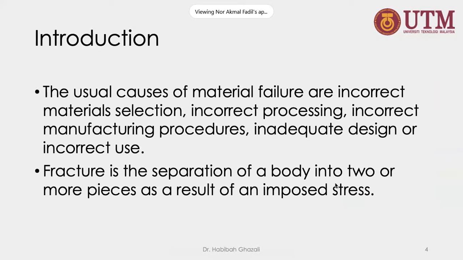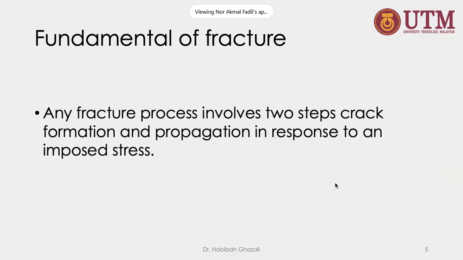Fracture is the separation of a body into two or more pieces as a result of an imposed stress. Remember, it is not just about measuring the dimension and yield strength only, but the behavior of failure is also very important to design our engineering component.